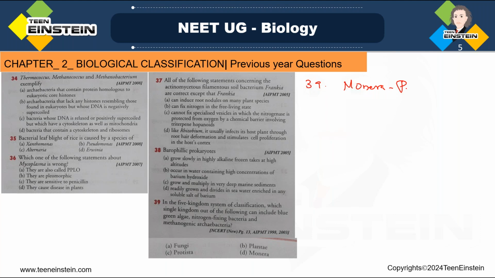Kingdom monera is the prokaryotic kingdom, and prokaryotes belong to it. These prokaryotes include bacteria, cyanobacteria or blue green algae, then the nitrogen fixing bacteria, then methanogenic archaebacteria.